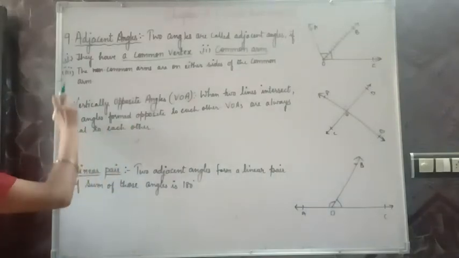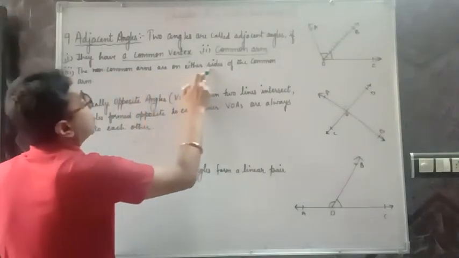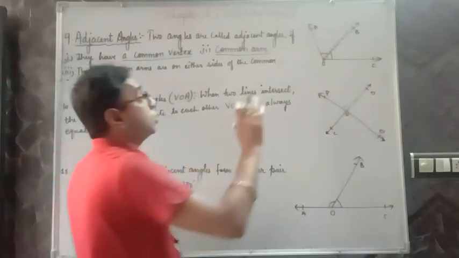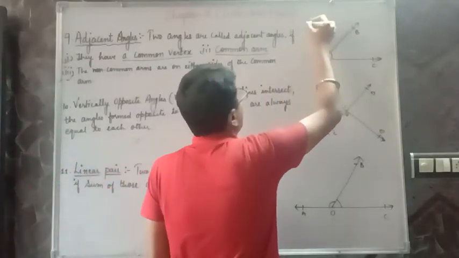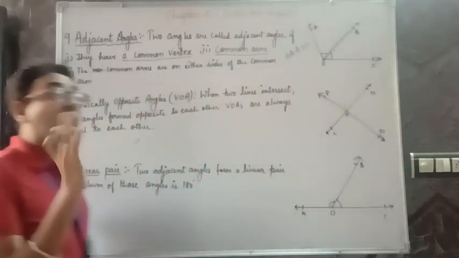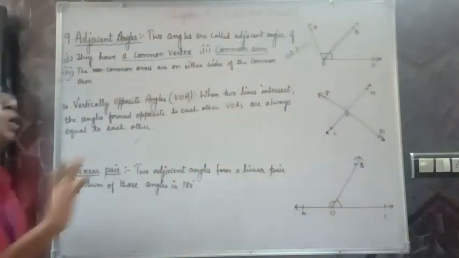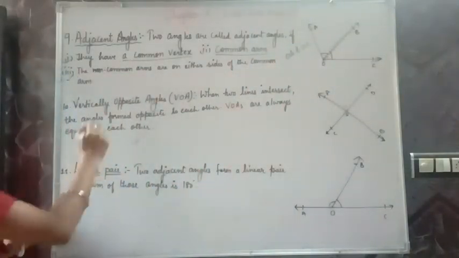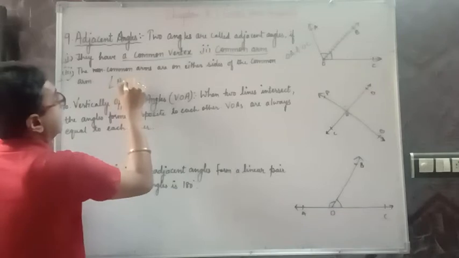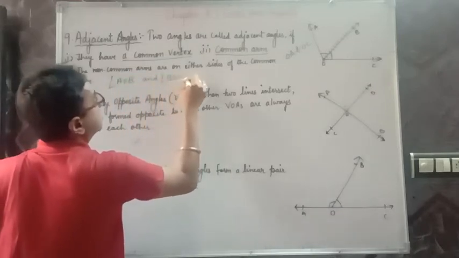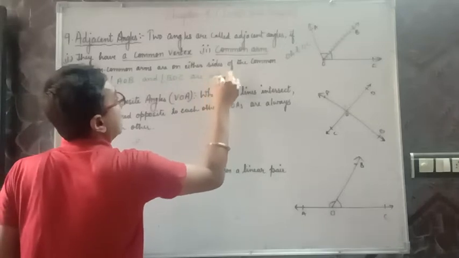Common arm. And the non-common arms are on either side of the common arm. The non-common arms are OA and OC. Yes, they are on either side of the common arm. So can we say that angle AOB and angle BOC are adjacent angles?